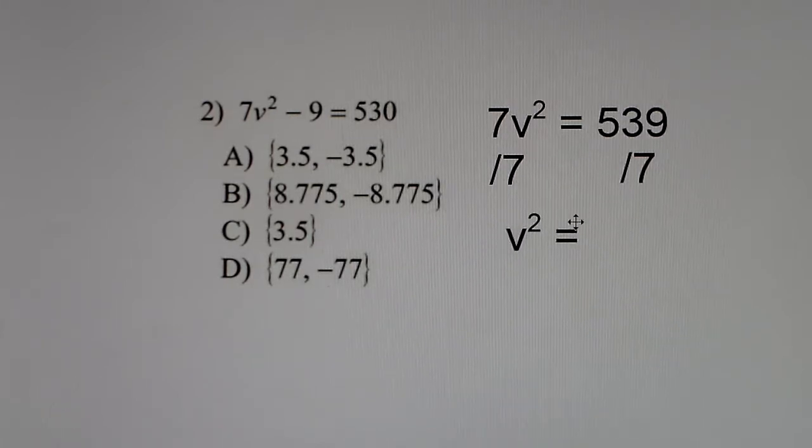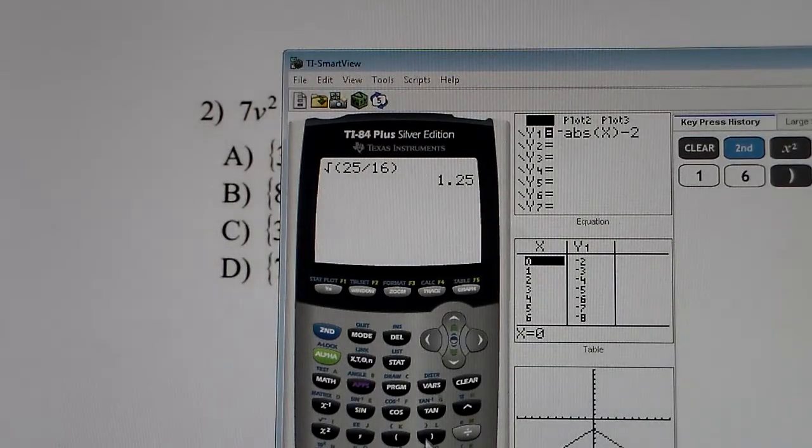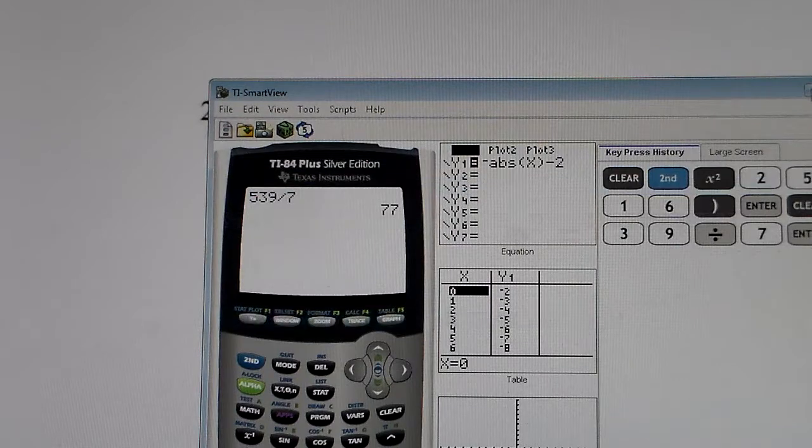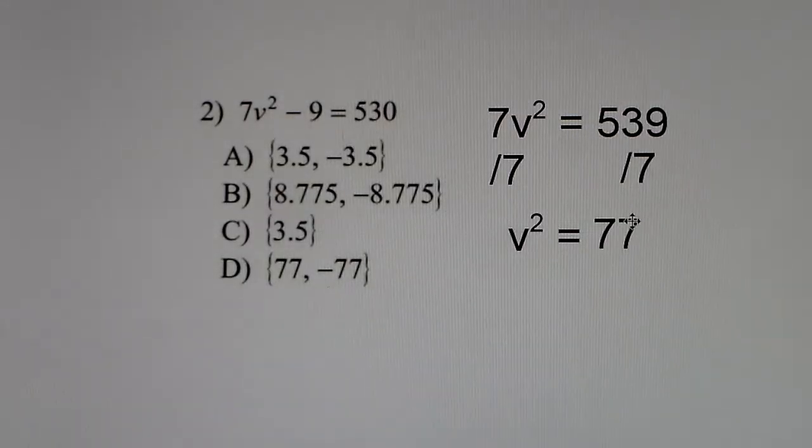Now, I don't know that off the top of my head, so I'm going to put that in a calculator. So 539 divided by 7 gets us 77. So v squared equals 77. Then we got to take the square root on both sides, just like we were talking about before. So that's square root there, square root that side.